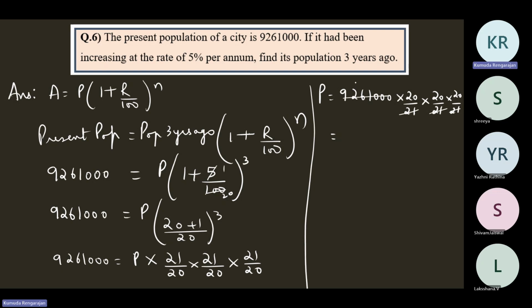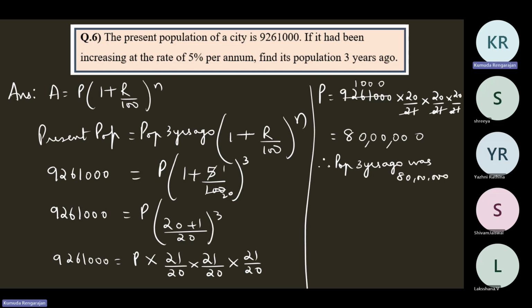So this is 1000, so 8 followed by 1, 2, 3, 1, 2, 3. Yes, Shreya, you're right. You said 80 lakhs, right? Yes, ma'am. Good. Therefore, population 3 years ago was 80 lakhs.